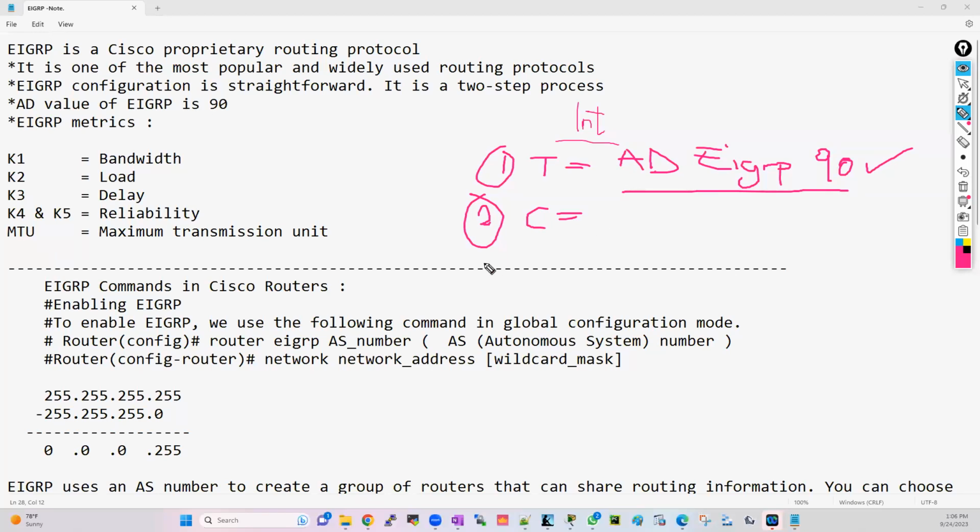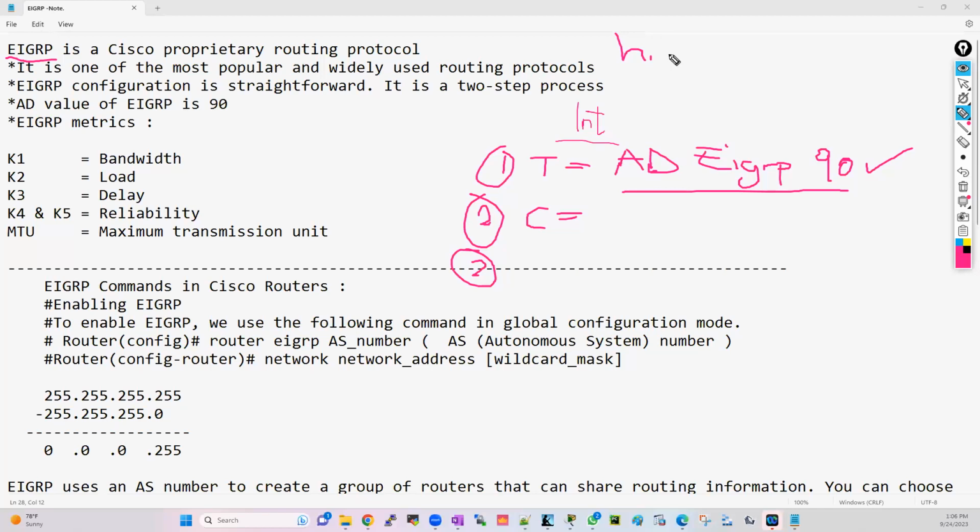So the best formula is this. If somebody asks in an interview, okay, what is EIGRP? Or what is the administrative value of EIGRP? We start with the definition of EIGRP. We say, EIGRP is an Enhanced Interior Gateway Routing Protocol, and it's a hybrid dynamic routing protocol. When we have those two pieces of information, the interviewer will know that this guy knows what he's talking about.